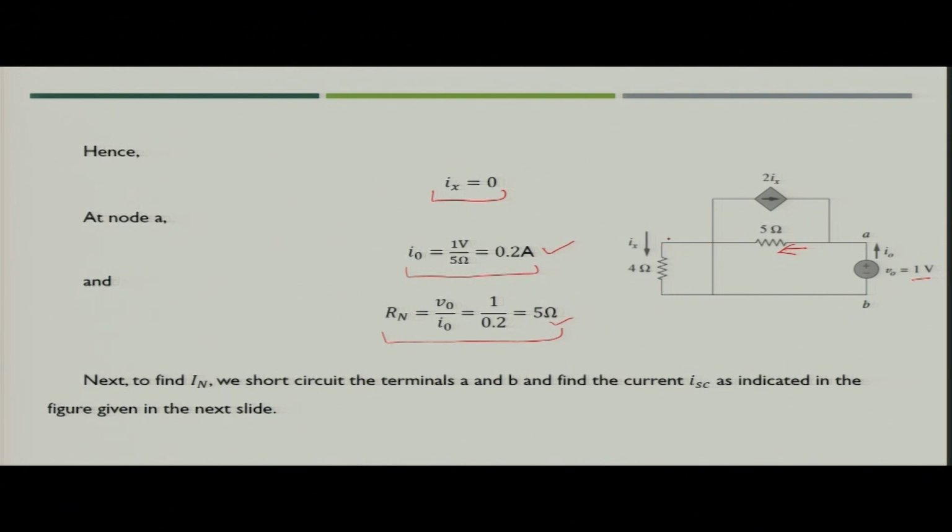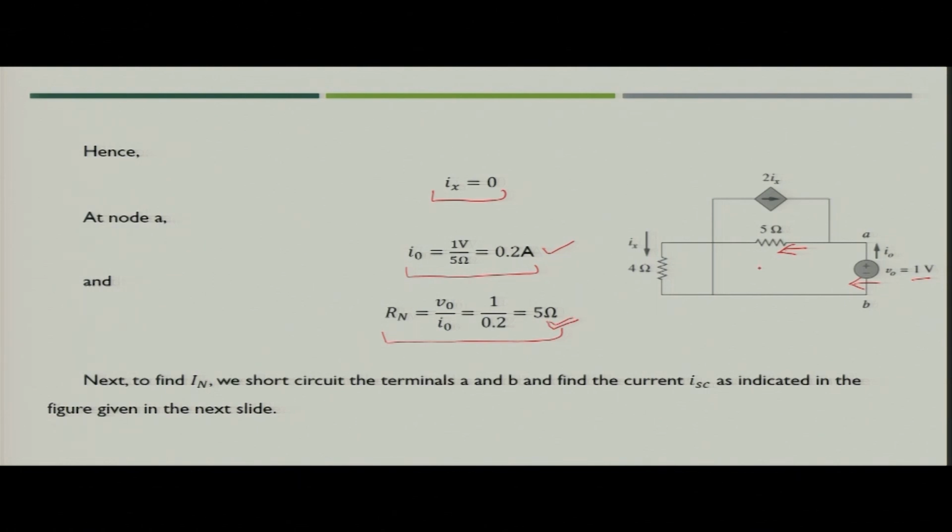So, this component is out, this is 0 now because the Ix value is 0. So, you are left with only this 5 ohm resistance, and which would be finally your input resistance when you see from terminal AB. So, you can straight away say that the Norton's resistance would be 5 ohm.